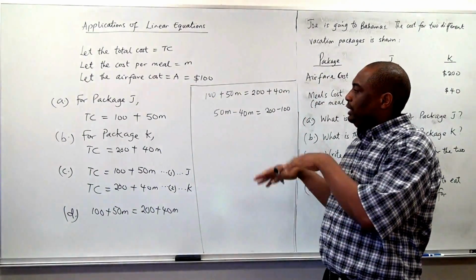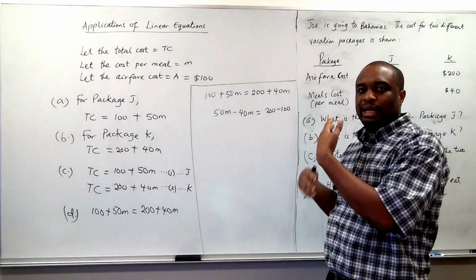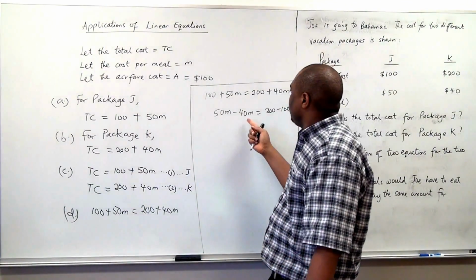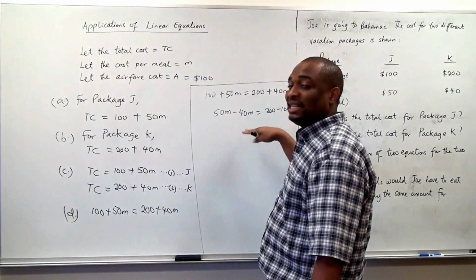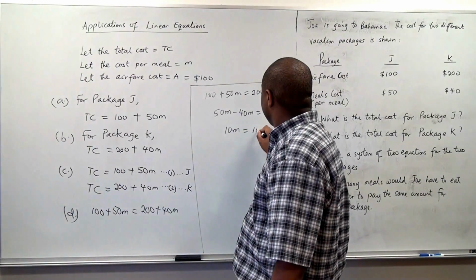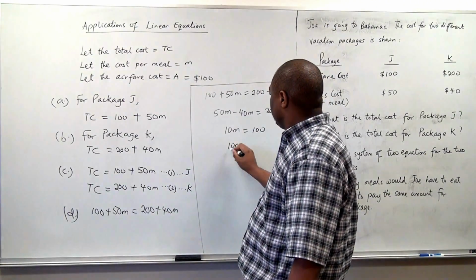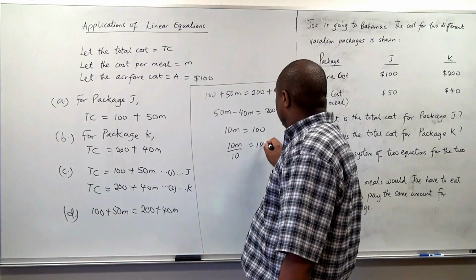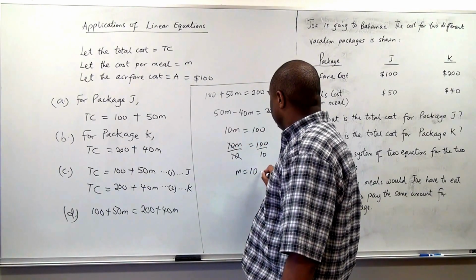But after doing this, I will do the method that some teachers use, okay? If you don't understand this, that's fine, but this is the easiest way to do it. Now this is 10m equal to 100. And then you divide both sides by 10.